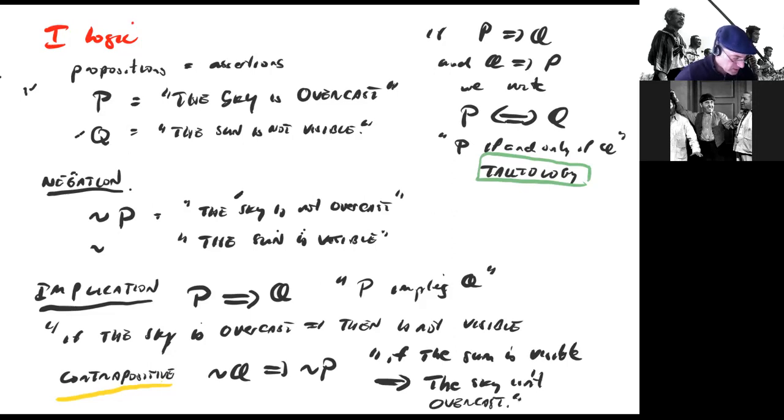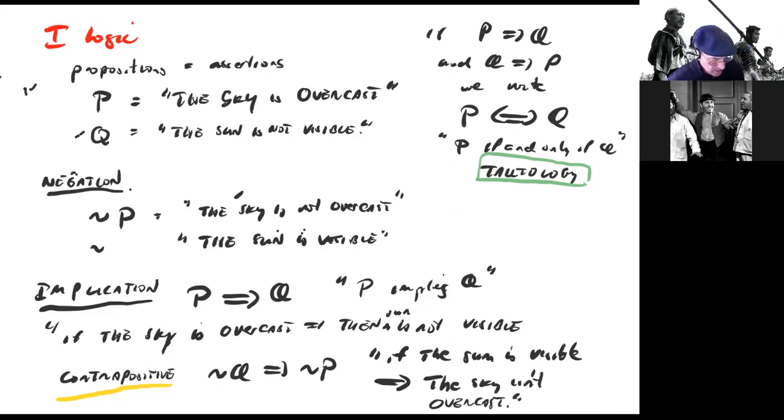Now, P implies Q was the statement that if the sky is overcast, then the sun is not visible. Overcast implies the non-visibility of the sun. So, okay, I have to start over.